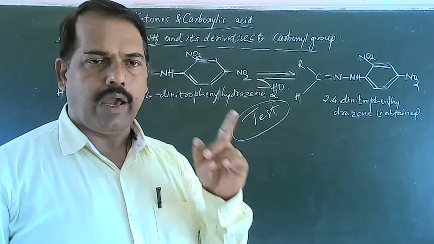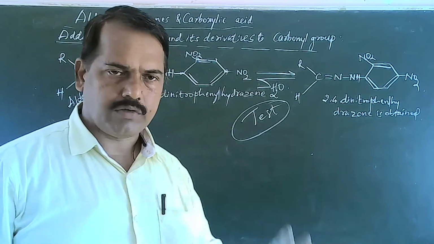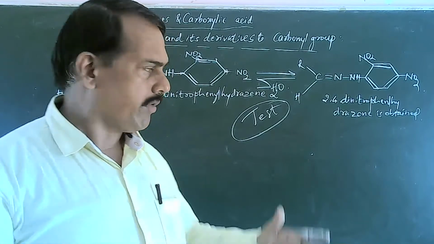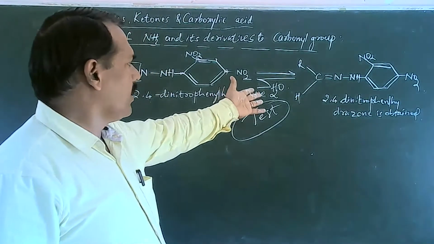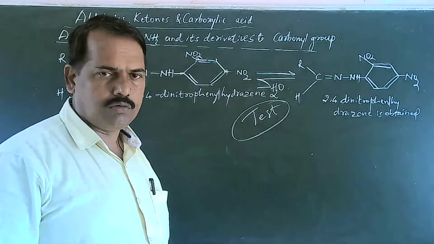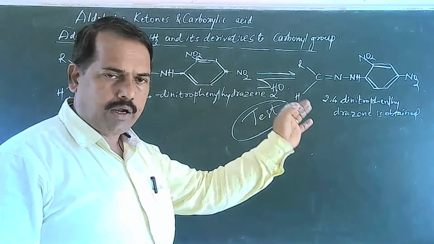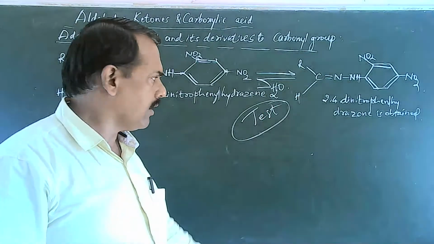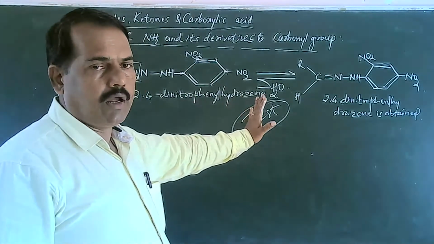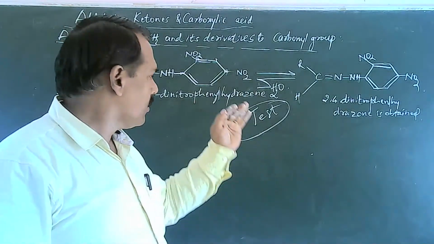Then an aldehyde, R C double bond O H. On reaction, finally on heating, we will get 2,4-dinitrophenylhydrazone, and this is a very important reaction.